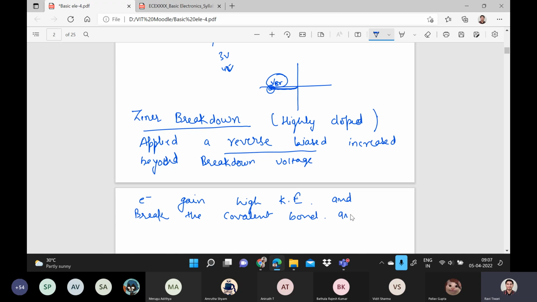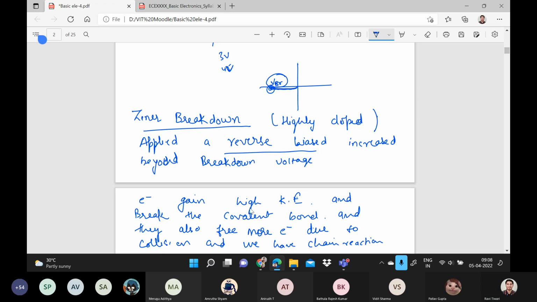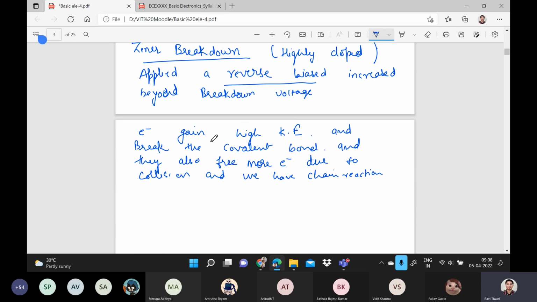And they also free more electrons, and this process will continue. They also free more electrons due to collision, and we have a chain reaction. Because of this chain reaction, we are getting an abrupt increase in the current. So this is the Zener breakdown.